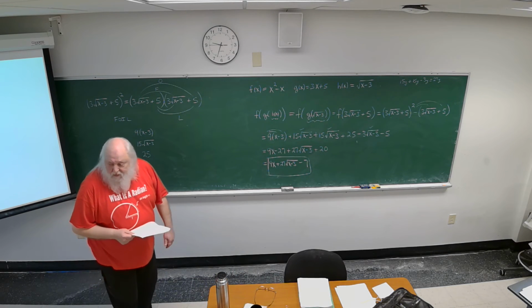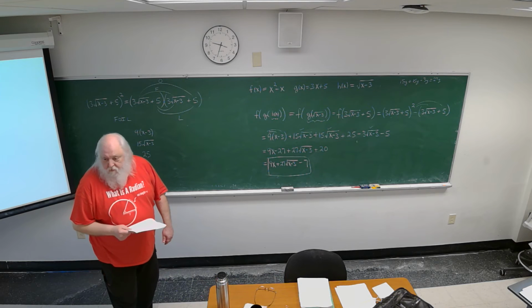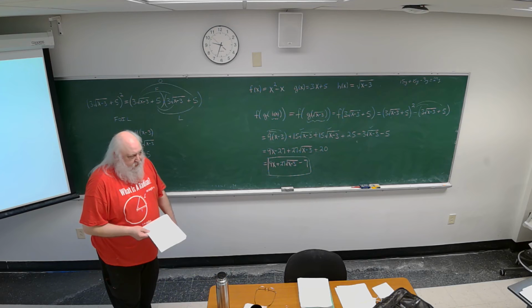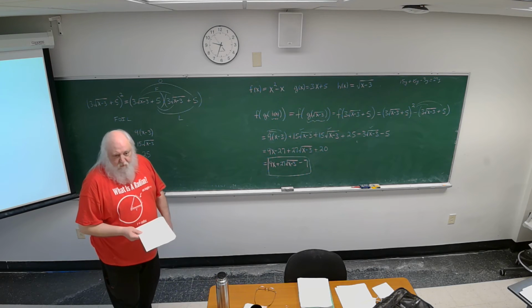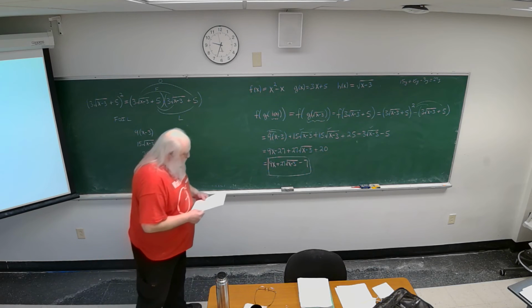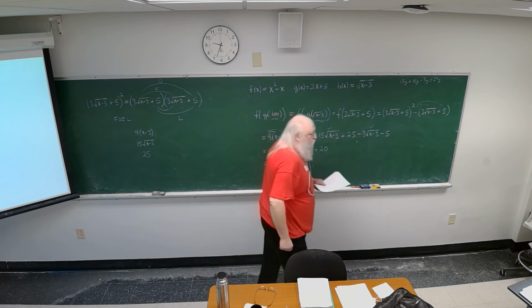That's a good review of like radicals, okay? So we add and subtract like radicals, just like adding and subtracting multiples of x or multiples of y. Okay. All right. Any questions on that?